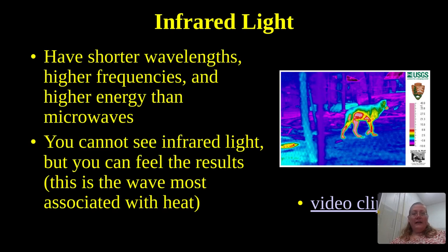Infrared waves have shorter wavelengths, higher frequencies, and higher energy than the microwaves. You can't see infrared light, but we can feel it. Sorry, we can see it when we do something like this. This is an infrared camera. We can feel the results, like your toaster turns red hot, but before it turns red hot, you can actually feel heat coming off of it.